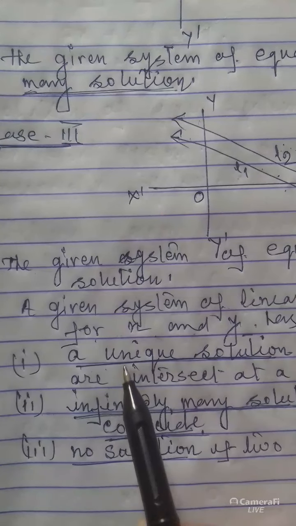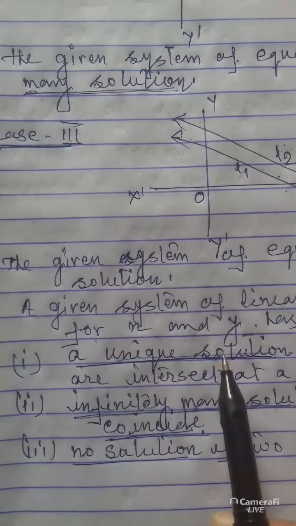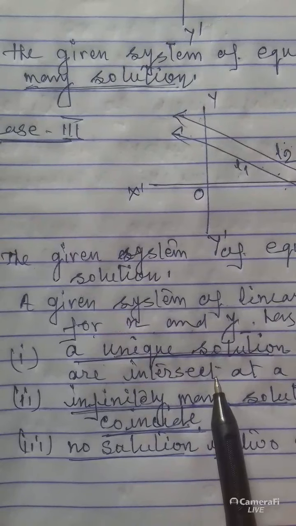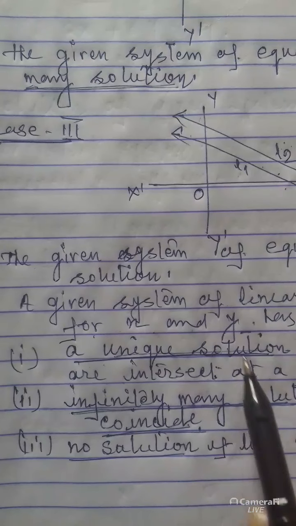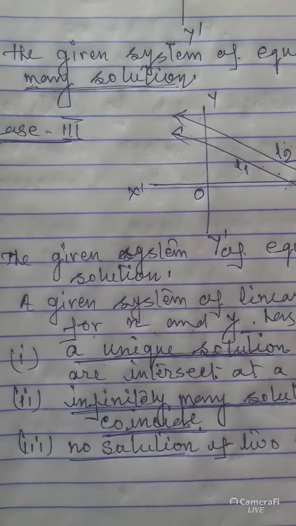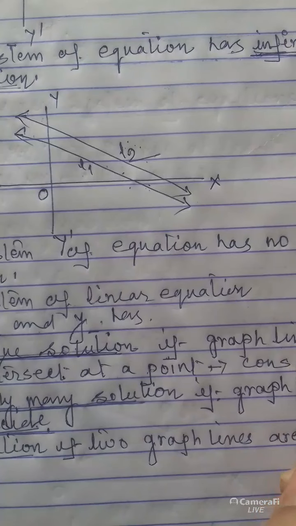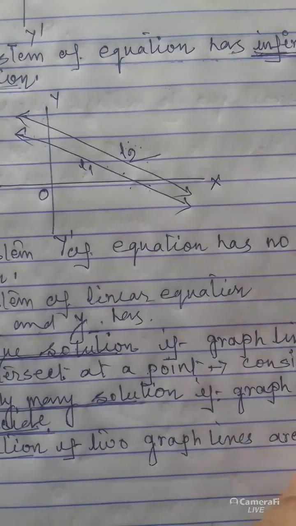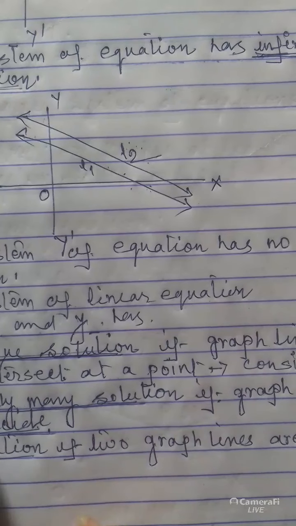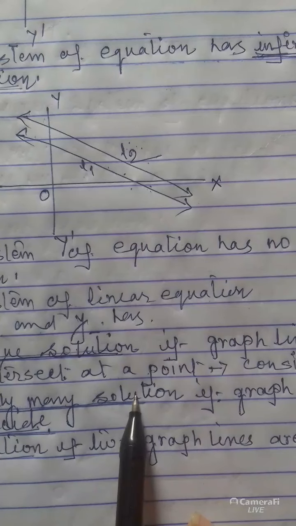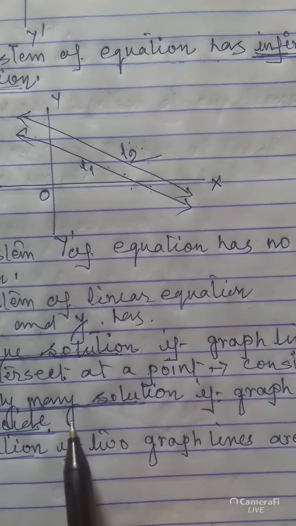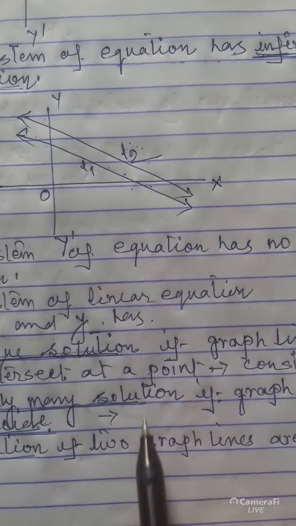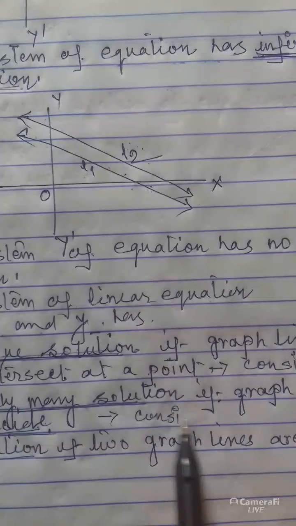Now we can say that in a unique solution, graph lines intersect at a point, so there is a solution. That means a unique solution is also called consistent. Infinitely many solutions, if graph lines coincide, means there is also a solution, so it is also called consistent.